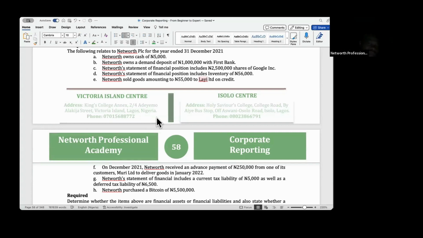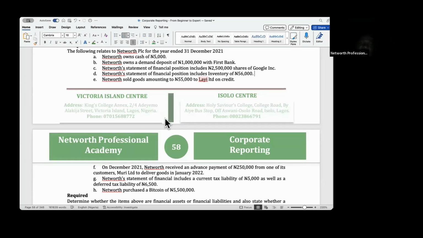Inventory is not a financial asset. If you look at the definition, a financial asset is cash. Inventory is not cash. The second definition we gave is that a financial asset is an equity instrument of another entity, which means that you bought shares in another entity. Inventory is not shares in another entity. The third definition is that a financial asset gives you contractual rights to receive cash.